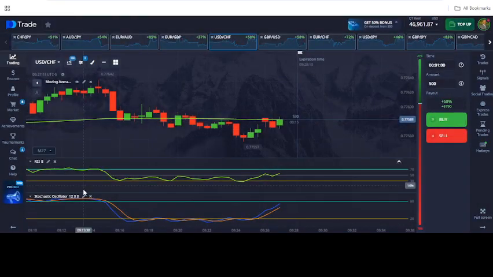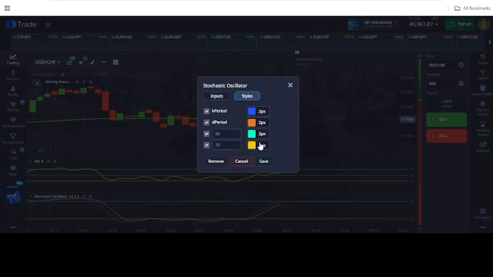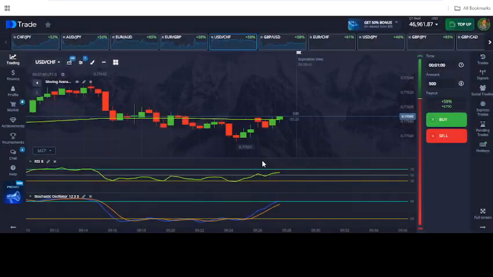And for the stochastic oscillator, I have my %K period set to 12, %D 3, smoothing period 3, moving average SMA for simple moving average. In the style settings, I also have increased all my line widths to 2 pixels each. Okay, so we save that.